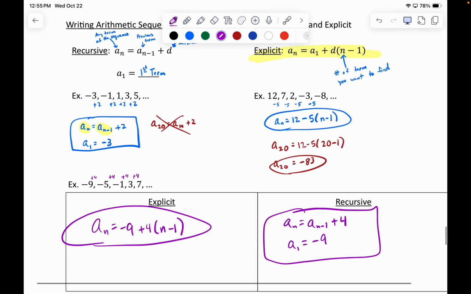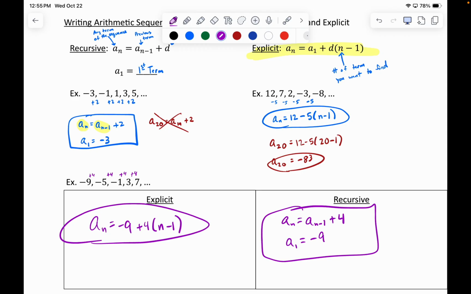All right. Now, hold on. Before I let you go, guys, last thing. What do you see in both of these equations? What do they have in common? a of n, what else? Numbers-wise, what's in both?